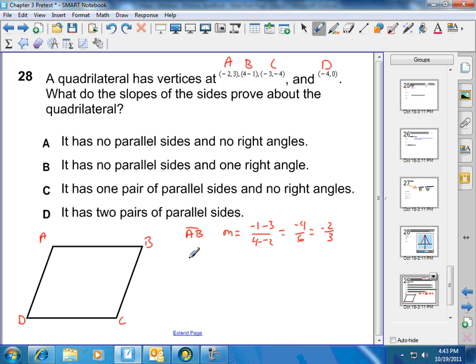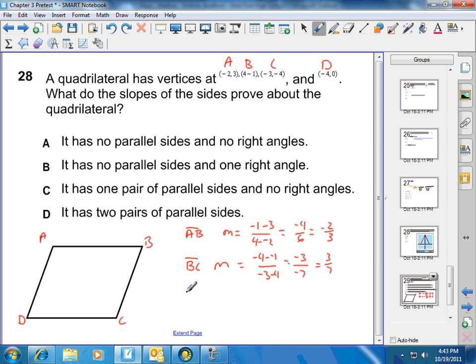And then for BC, I'm going to do -4 minus -1 over -3 minus 4. Make sure you subtract in the same order. So I have -4 minus -1, or +1, so that's going to be a -3. And -3 minus 4 is the same as a -7, so that's 3 over 7. So that's for segment BC.